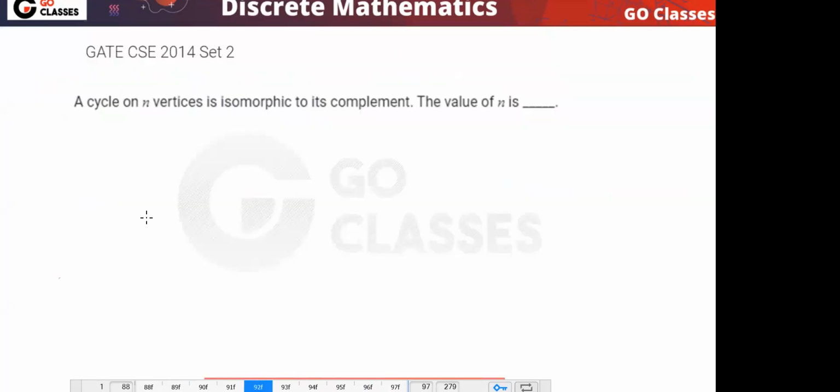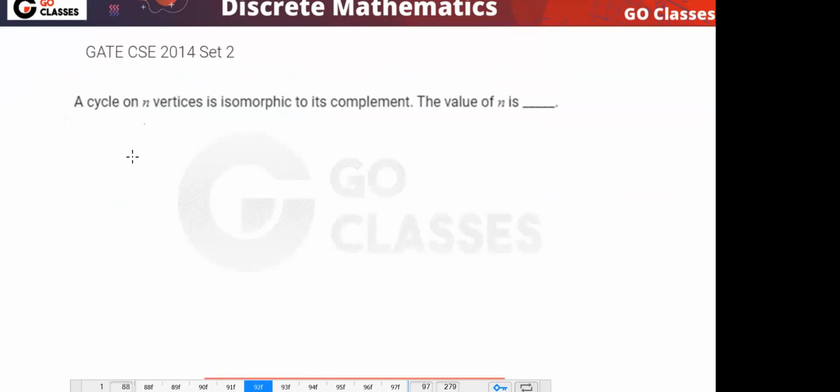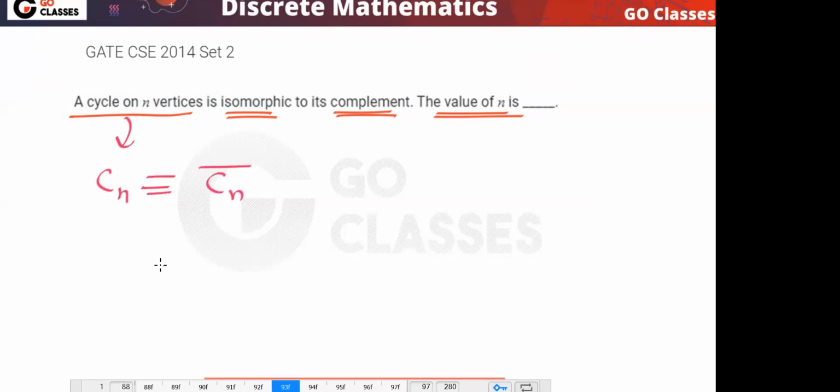This is an interesting question. A cycle on n vertices is isomorphic to its complement. What is the value of n? So this is your Cn, and it is saying that this Cn is isomorphic to its complement.